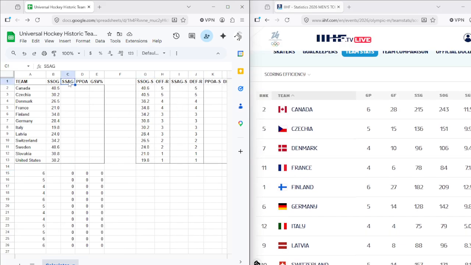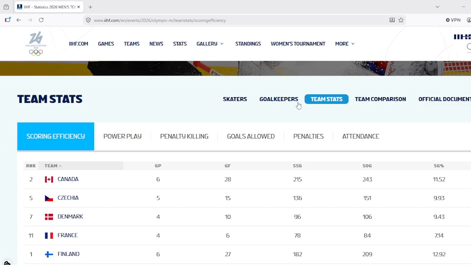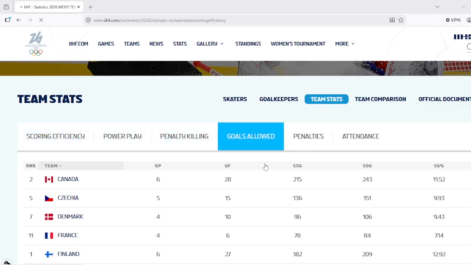You can see I can utilize shots against. You could also do goals against, but if you can get shots against, I really recommend that. Or saves is a pretty close indicator of shots against, because really what we're looking for is defenses that allow a lot of shots on goal.